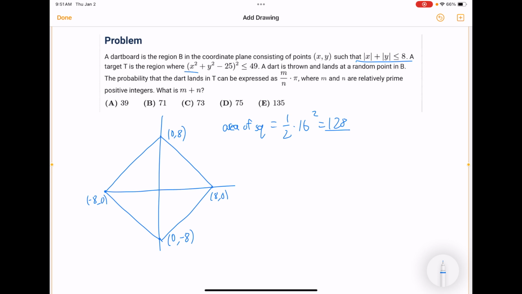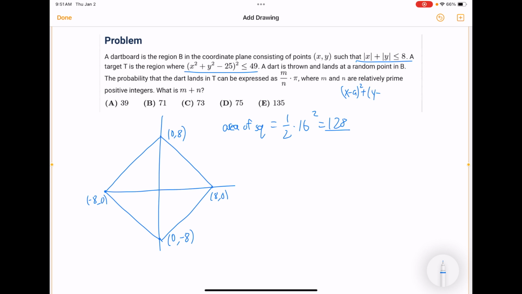And now we can look at this part where it tells us that (x squared plus y squared minus 25), the whole thing in parentheses squared, is less than or equal to 49. We should be able to recognize that this is going to look like a circle, because keep in mind that (x minus a) squared plus (y minus b) squared equals r squared represents a circle with radius r, and a and b are the coordinates of its center.